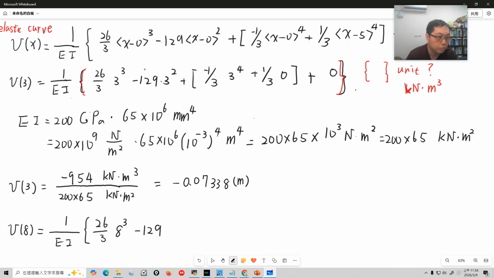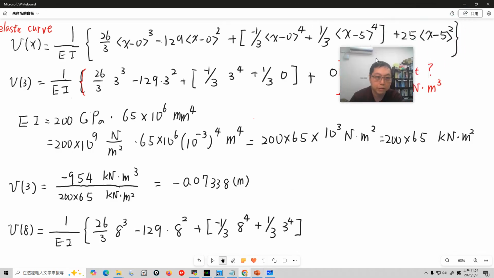The second term is a to the power 2. And this one, minus 1, 3 is a to the power 4. And plus, be careful here. So x equal to 8, a minus 5 is 3, so it's 3 to the power 4. Be careful, 3 to the power 4.